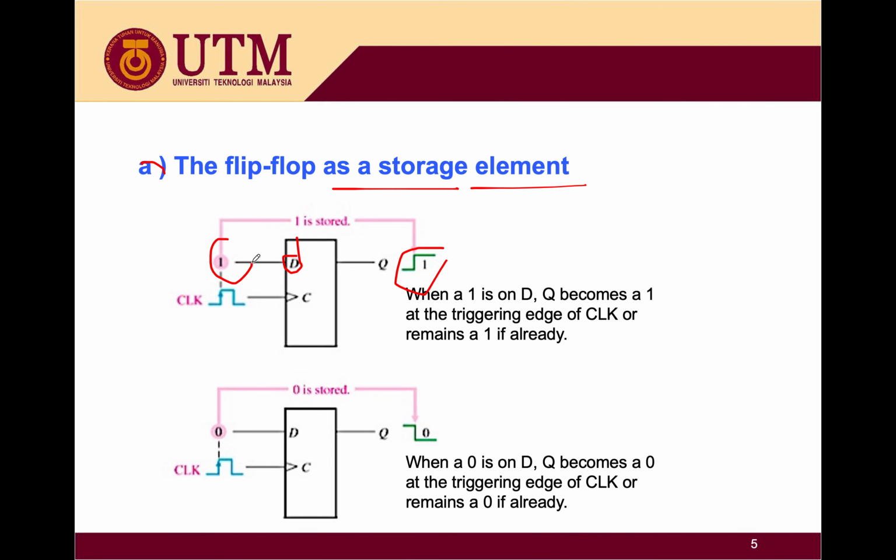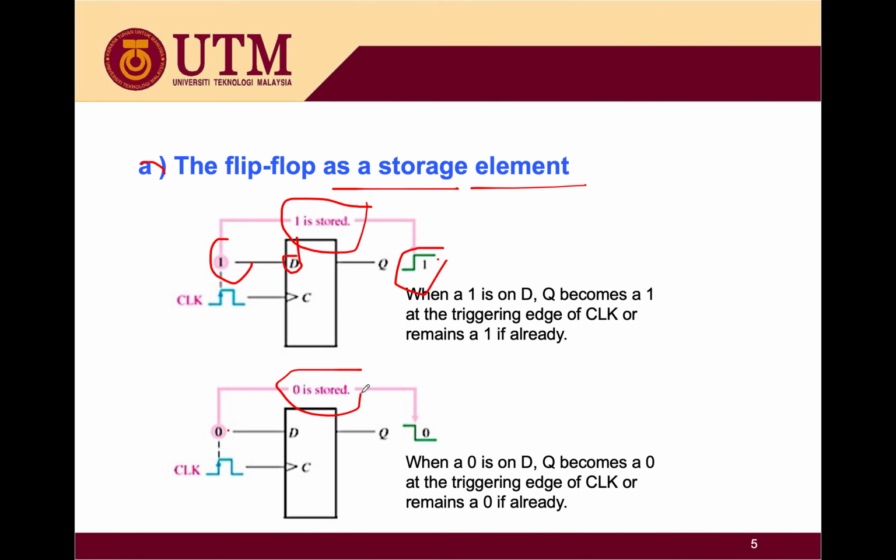This is the input, and this is the output. You can see this similarity of input and output for the flip-flop. Same also with the other case, which is if you have 0. It looks like your value number 1 has been stored.